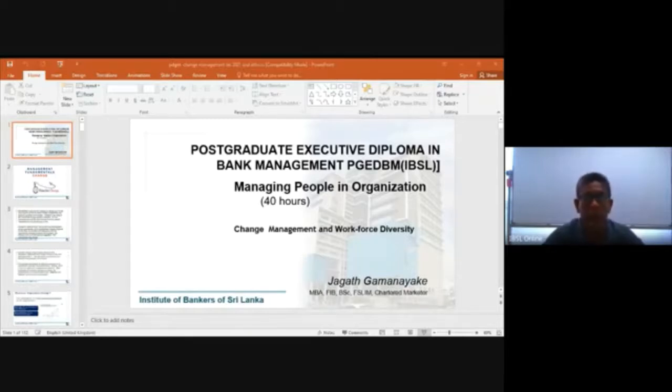Forces influence change, right? Now, there are some factors, and we call those triggers. Triggers mean the factors that drive change for an organization.